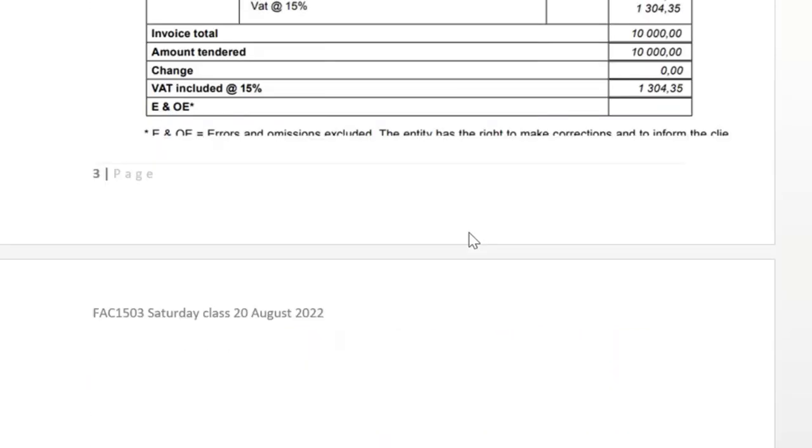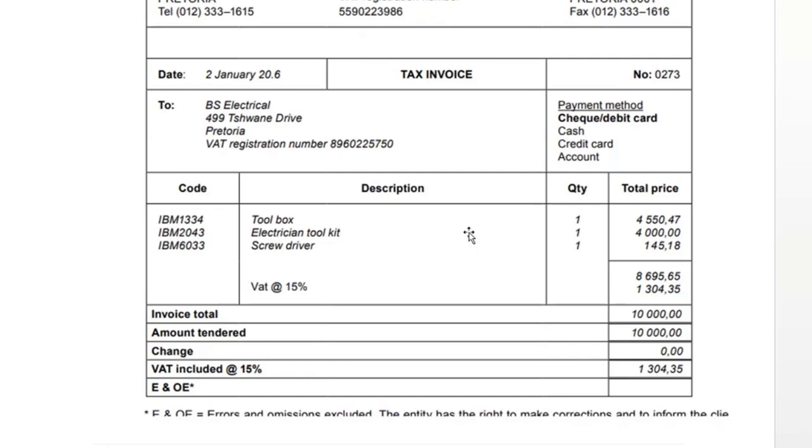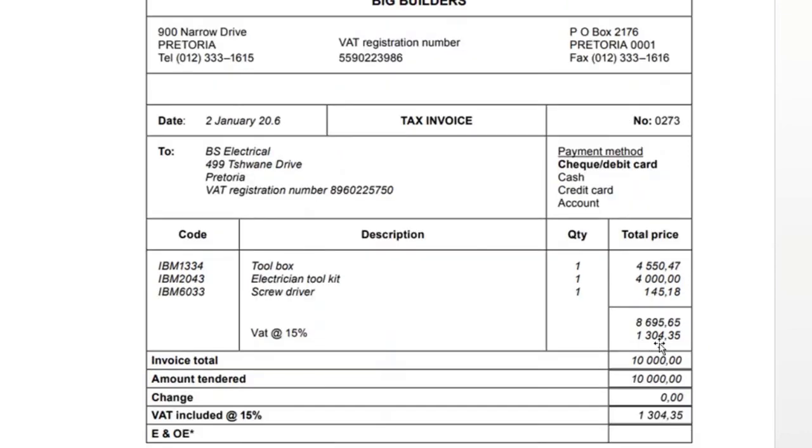And guys, before we finish transaction number 3, do you know how they calculated the VAT amount? Can you just quickly calculate it? How did they get to 1,304.35, and how did they get to 8,695.65 when they are given a 10,000 amount including VAT?